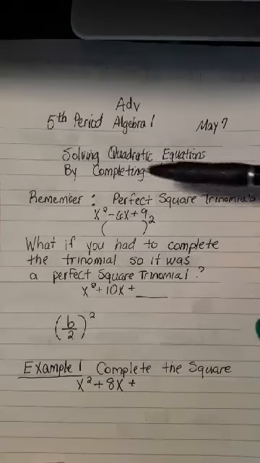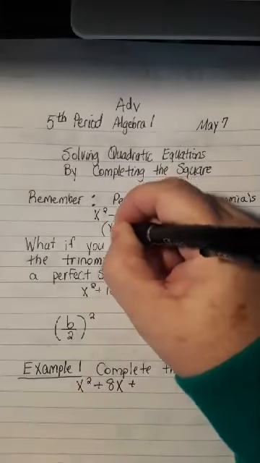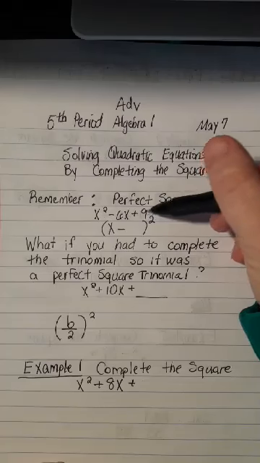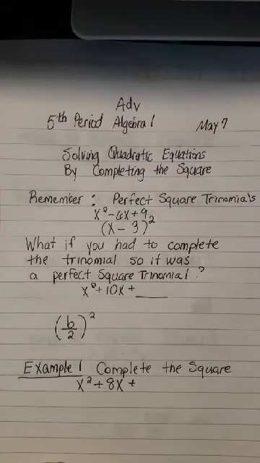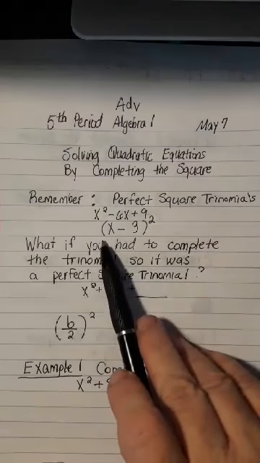Do y'all remember how to do that? We took the square root of x to the second, which is just x, and brought the minus down, and took the square root of the last term 9, which is 3, and that's how you factored it. Or you could have factored it as x minus 3 times x minus 3.